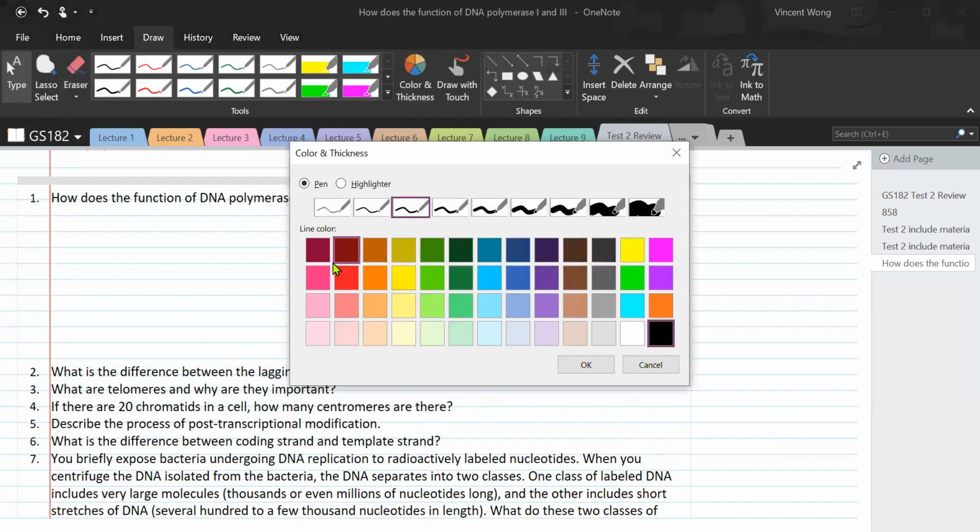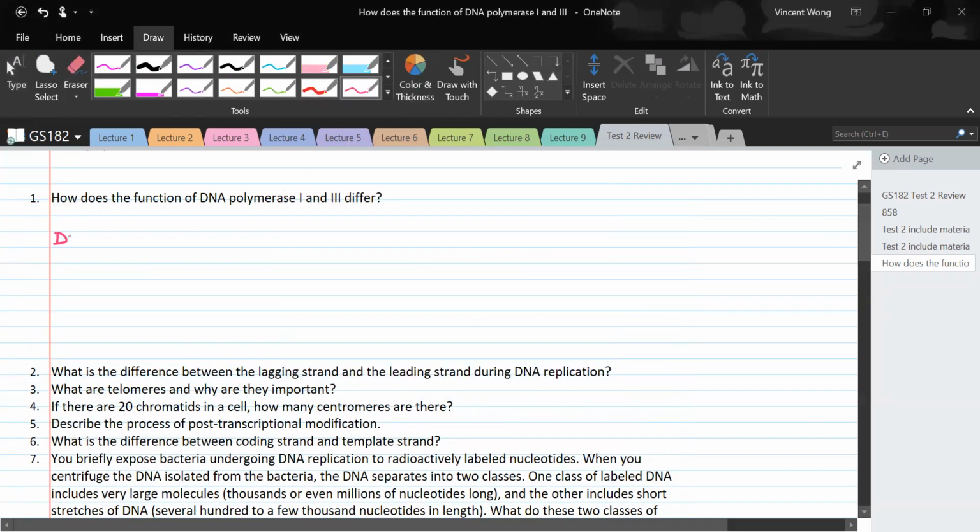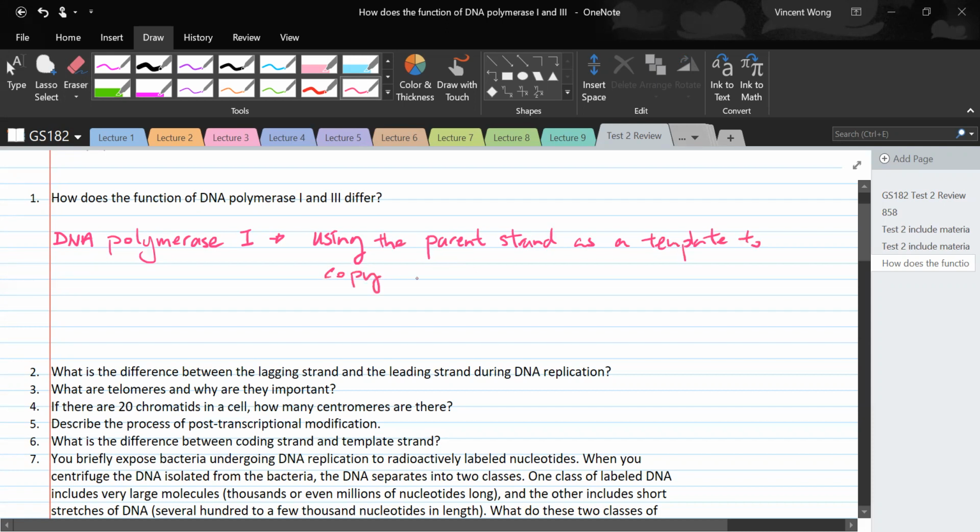So DNA polymerase 3 is the main polymerase that is responsible for copying the DNA. It uses the template, the parent strand, as a template to build a complementary strand.